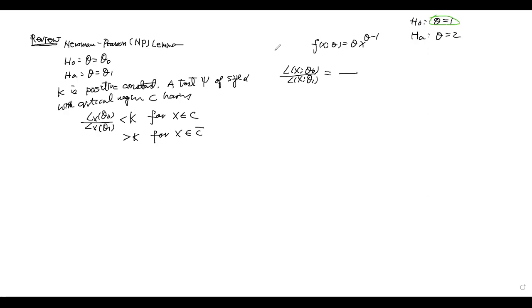So that's why here it will be 1 times x to the power 1 minus 1, which is 0, right? Then on the bottom is the alternative hypothesis, theta equal to 2, so I have a 2, then x to the 2 minus 1. If we simplify this a little bit, this is 2x, correct?